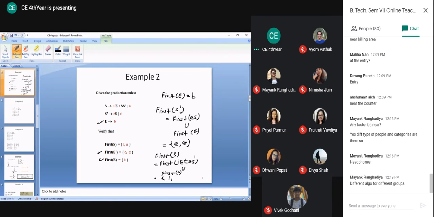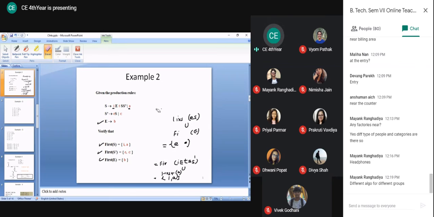So we'll write i, and for this we have A. So the answer is i and A. Because here this starts with a terminal symbol. And another alternative of S having only one terminal. So we are getting first of S, because if you start a derivation from S, either it will start with i or it will start with A. There is no other alternative. We have two different alternatives once you derive a string starting from S.